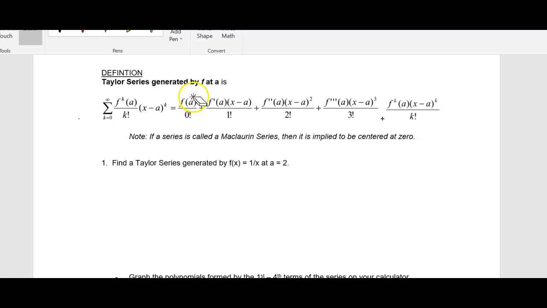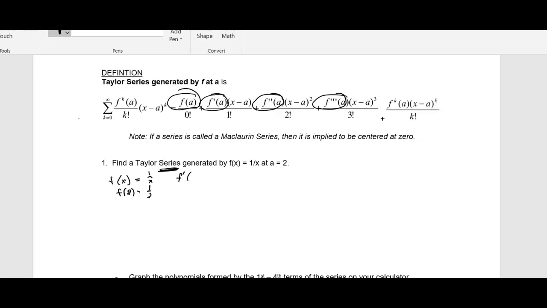So what we're going to need is all of these. We're going to need a functional value, a first derivative value, a second derivative value, a third derivative value, so on and so forth. Since I'm asking you for the series, what this is really asking you for is the general term. So to do that, let's start with our function of 1 over x. Well, if we're going to do it at 2, that means my functional value is 1 over 2.